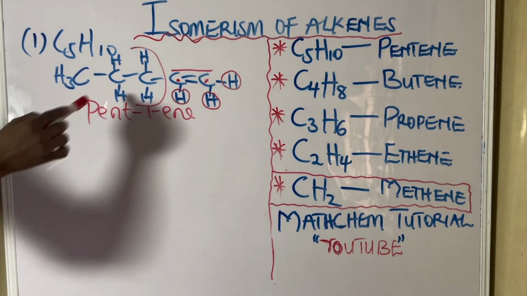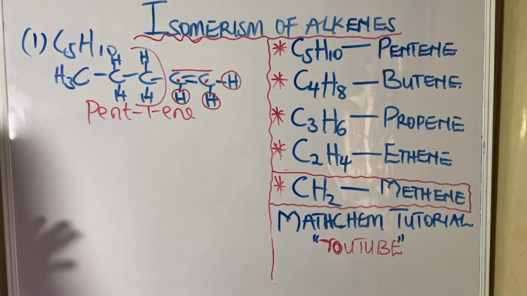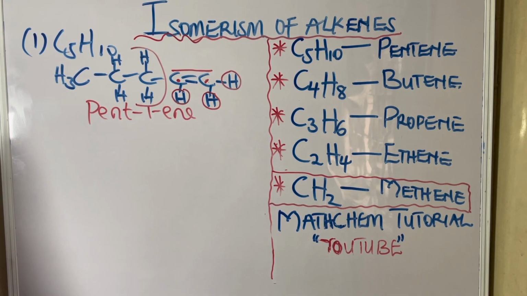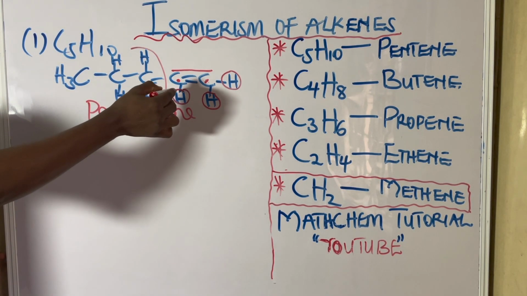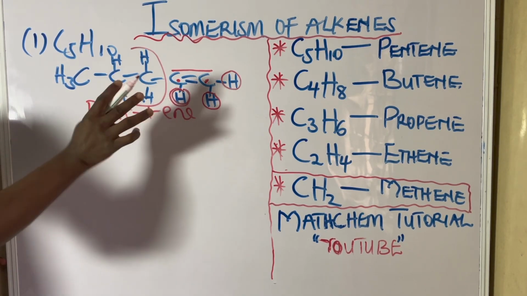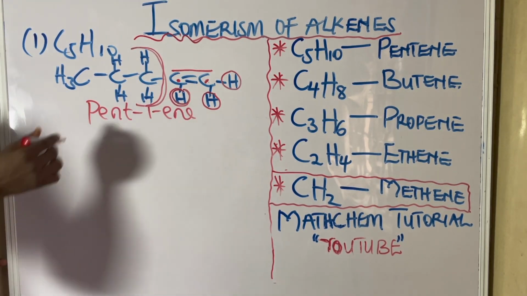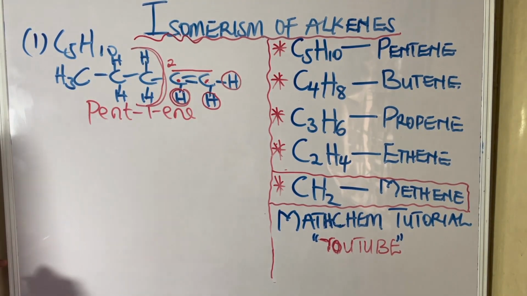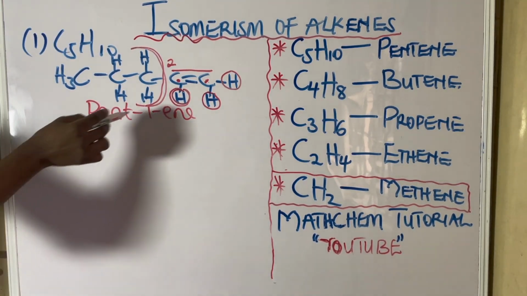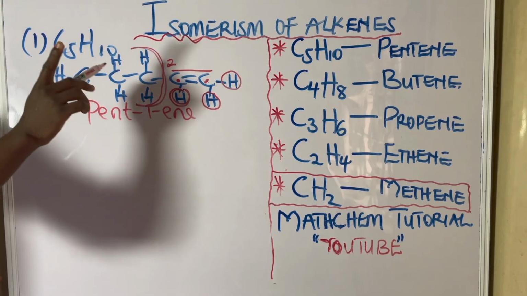Now looking at this first carbon we have here, yes, it obeys the principle for geometric isomerism, for you to have cis and trans, because this carbon has this hydrogen here, a group, and then this C3H7, another group. So this carbon here has two different groups, but this carbon we have here only has one kind of group, which is hydrogen.